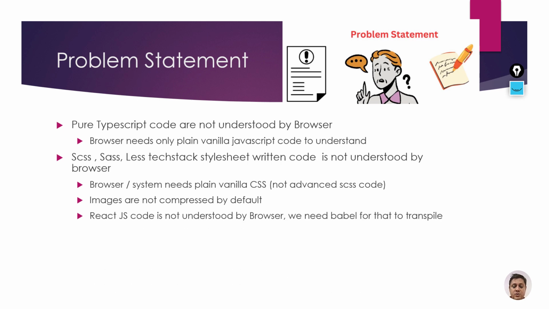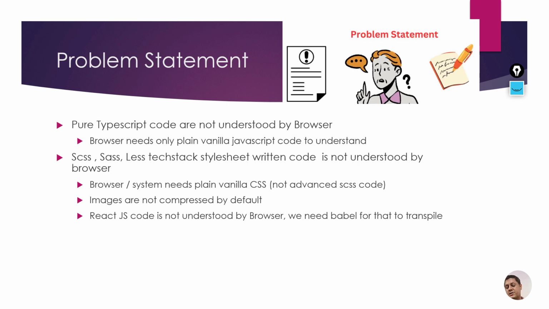Now React.js code is also not understood by the browser. Whatever React code we write, we need Babel to transpile it. React developers sometimes don't understand this, but this is the truth. We have Babel, and that is the reason it works properly on the browser.